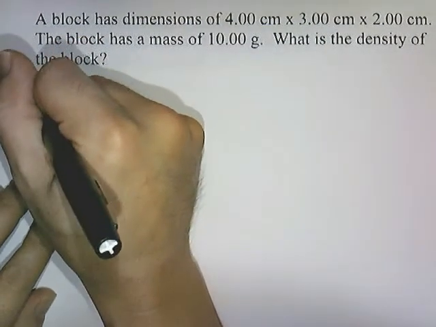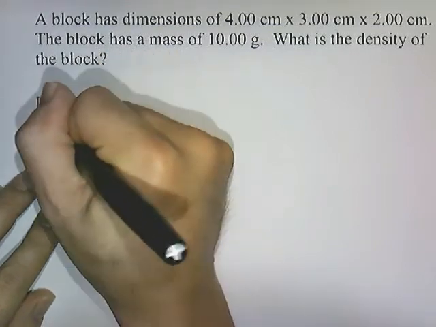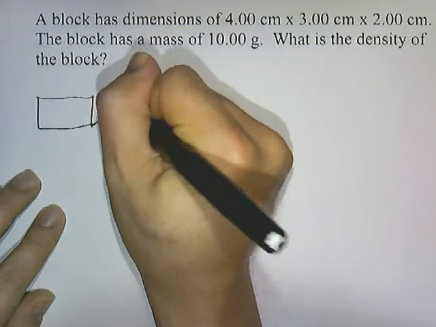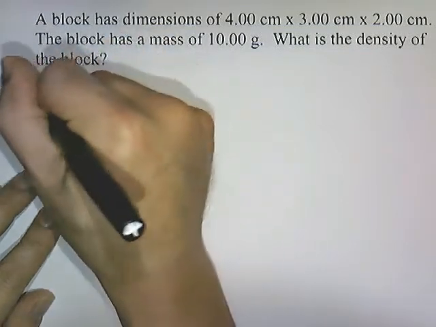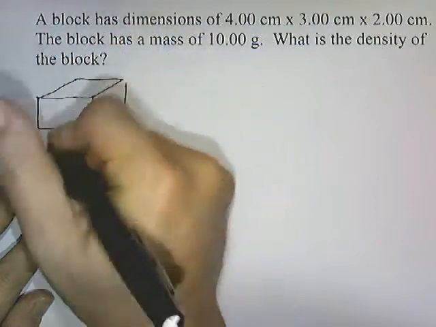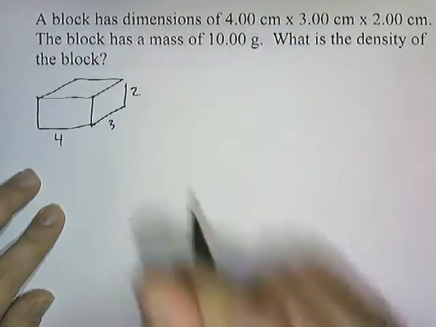A block has dimensions of 4 by 3 by 2. The block has a mass of 10. What is the density of the block? All right, so we've got a block. It's 4 by 3 by 2.